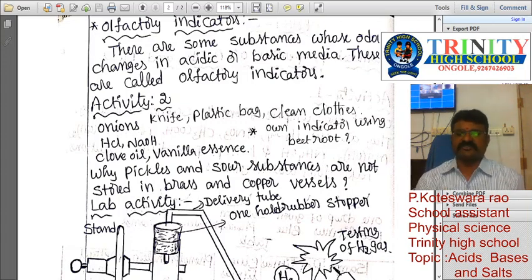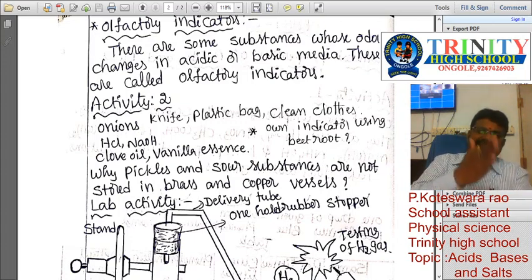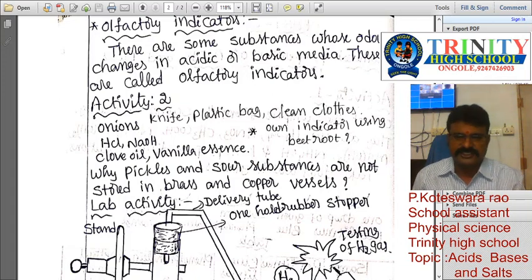So what about this activity, sir? Listen carefully. First of all, we want to take onions and, with the help of the knife, chop them into small pieces, which means cut into small pieces.